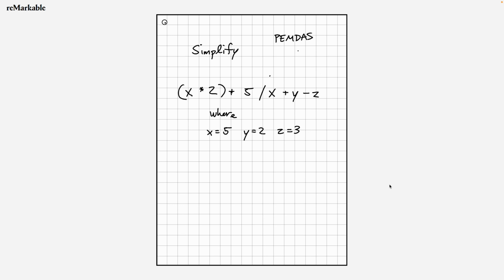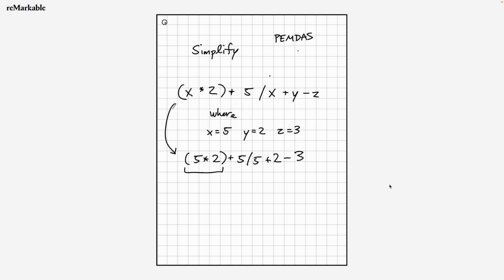How do we simplify this? First thing we're going to do is plug in our variables. Everywhere we see an x, we're going to put in a 5, and then we're going to write the rest of it. So 5 divided by, well, x is 5, plus y is 2, minus z is 3. Great. So then we do PEMDAS.